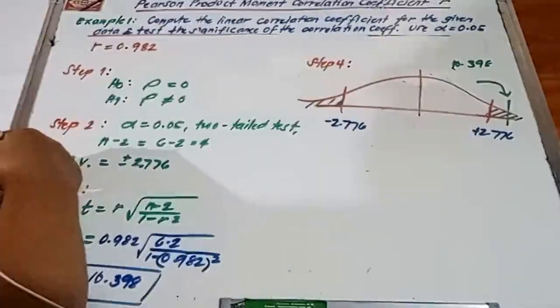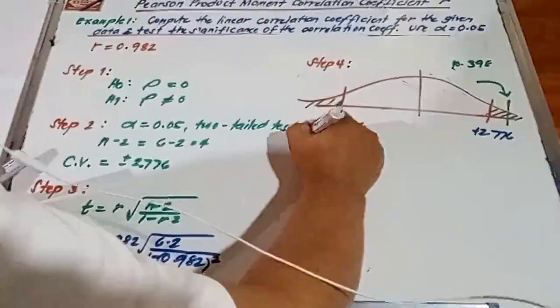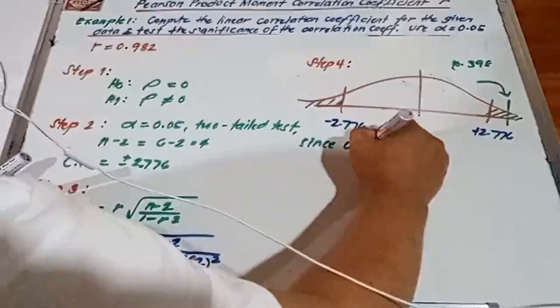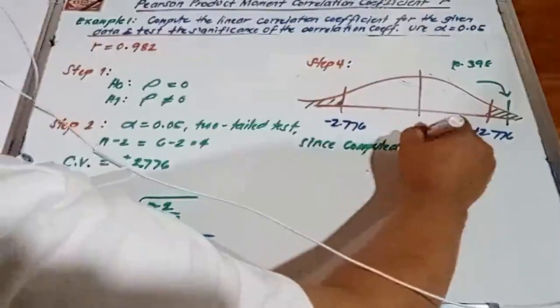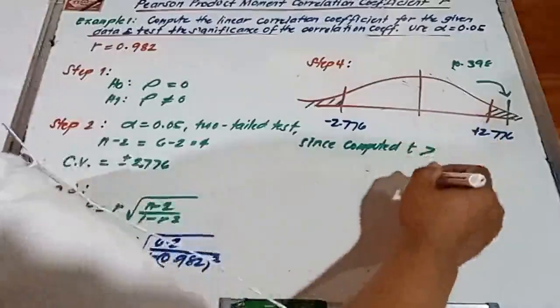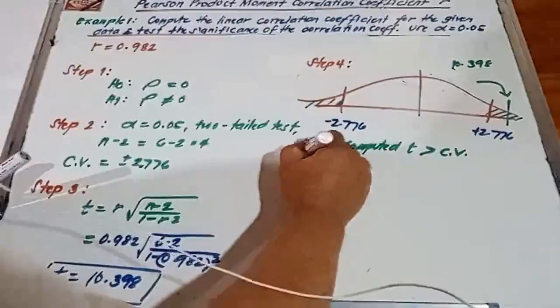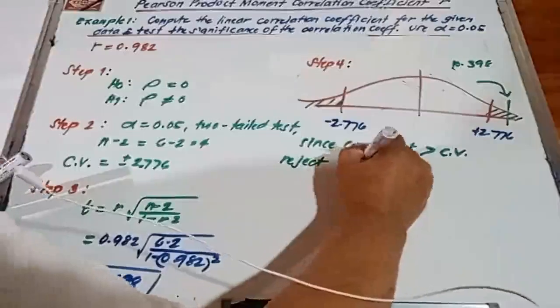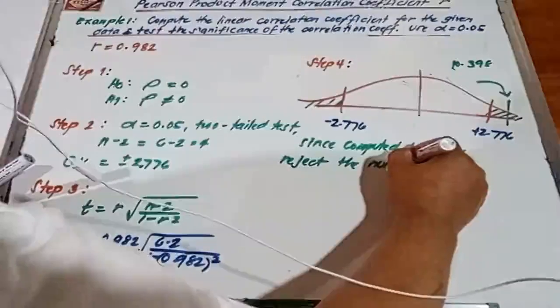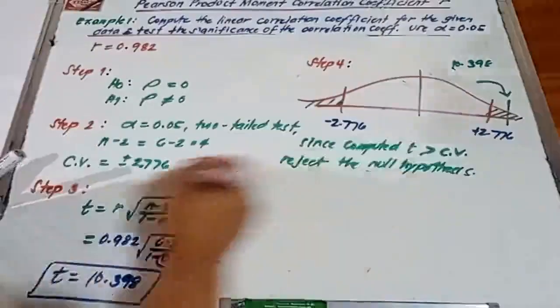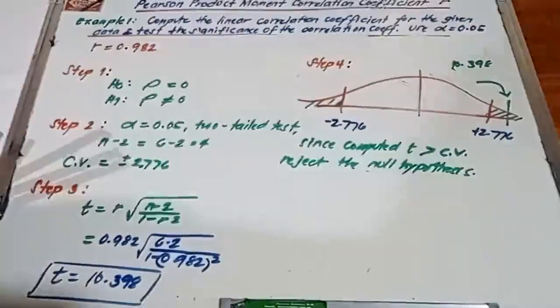Our decision is, since computed t-value is greater than the critical value, reject the null hypothesis. Nasa rejection region. Okay? Reject the null hypothesis.